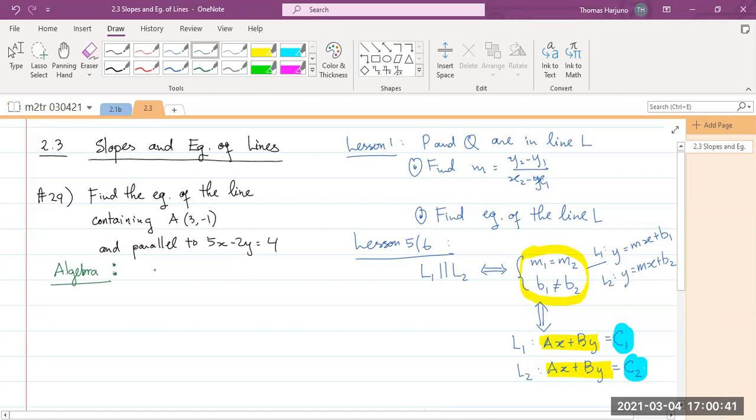Okay, so in algebra, the way you do it will be the following. Let me grab the equation of that line, make it into slope-intercept form to find the slope. And then I use that slope for the other line. Let's call this line 1. The equation of line 2 will be y equals 5/2 x plus a constant.